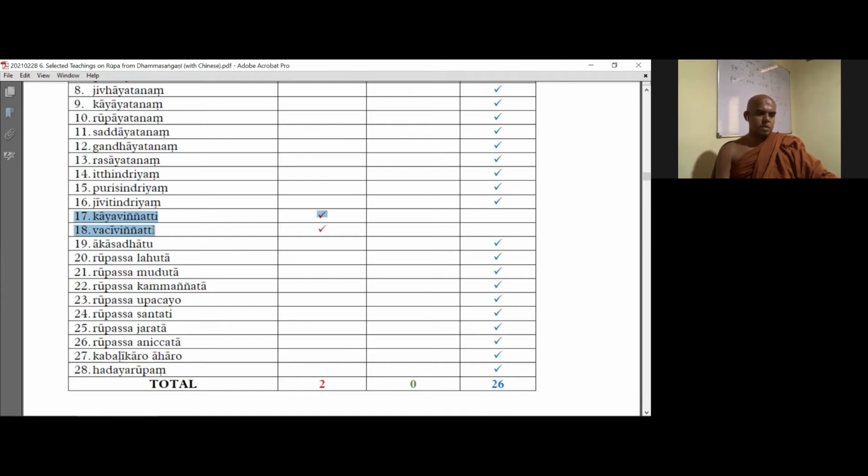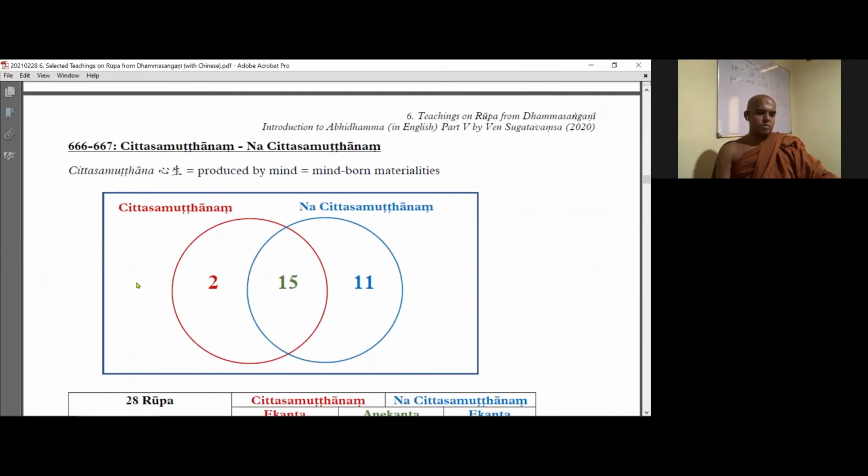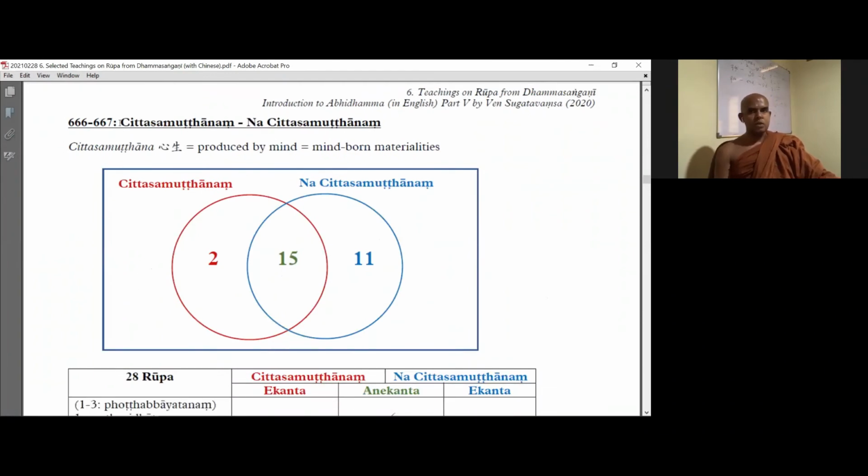About the next classification, it is also very important for us to know about the mind-born materiality. According to the Dhammasangani book, they classified the Chitta Samuttana group: Chitta Samuttanam, na Chitta Samuttanam.